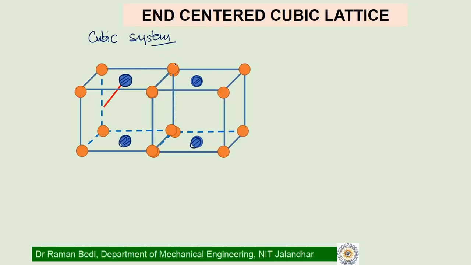So these are at the corners, and these two are at two opposite faces. This may constitute what we call a cubic end-centered crystal structure. But we find that it is missing in the case of Bravais lattices. It is not present there.